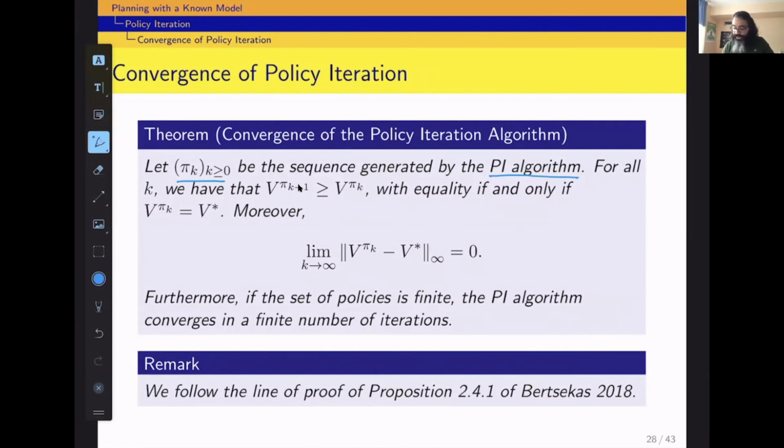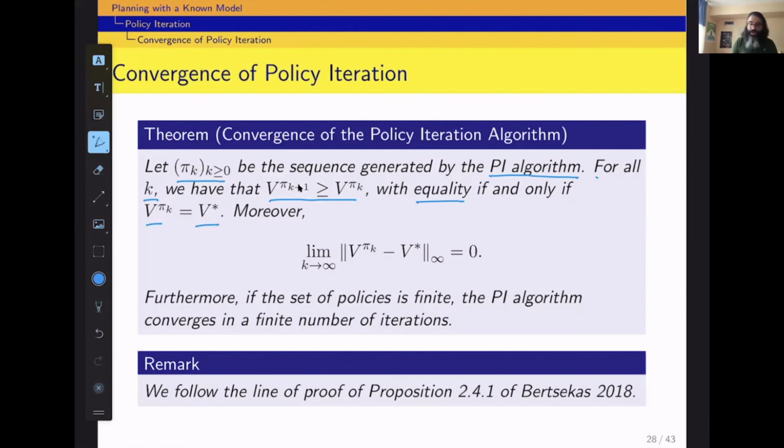Then for all k, first we have V of pi k plus 1 is greater than or equal to V pi k. That's the first statement, with equality if and only if V pi k is the optimal value function.